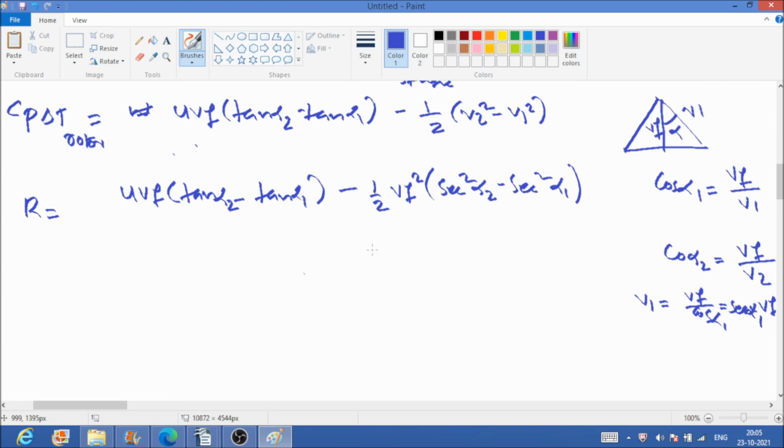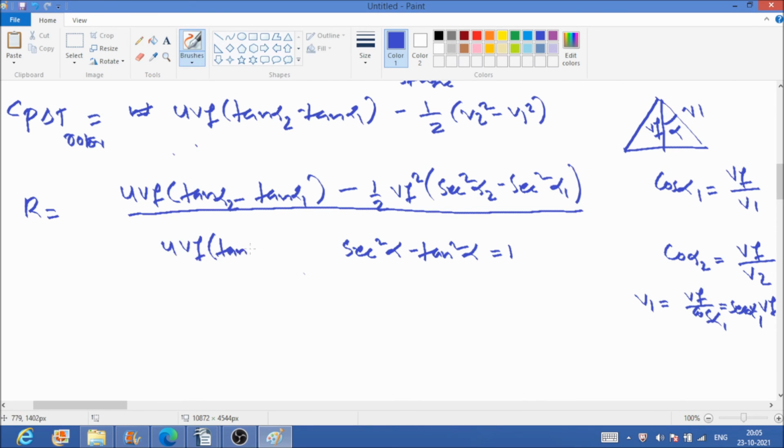Now I have the identity sec square alpha minus tan square alpha is equal to 1. This is not completed, so this is divided by the same expression, U Vf into tan alpha 2 minus tan alpha 1.